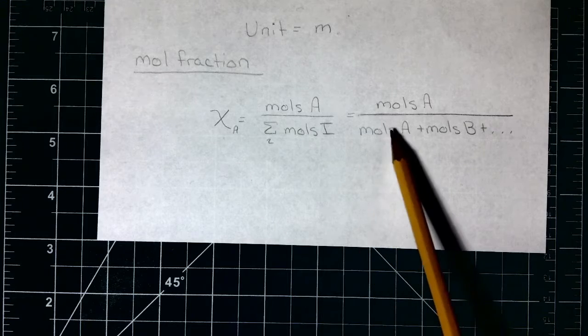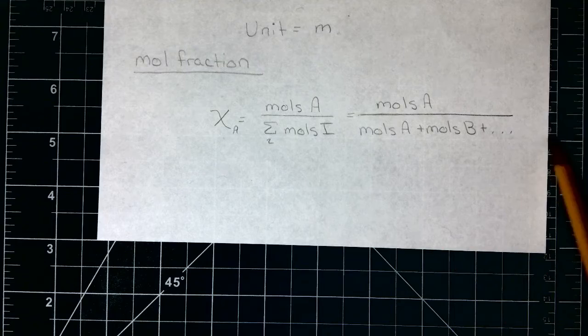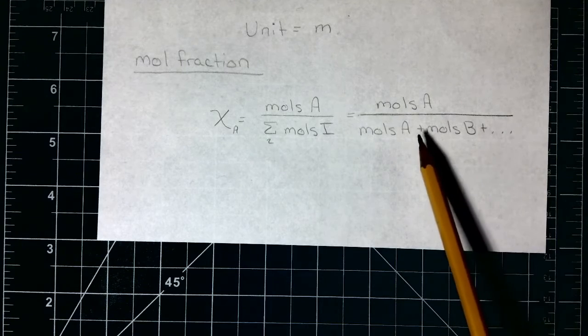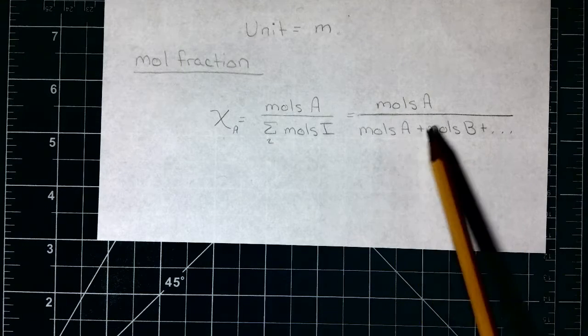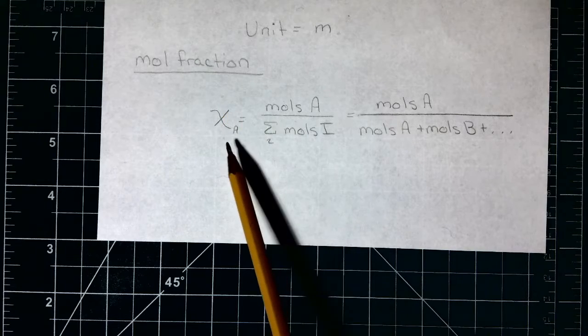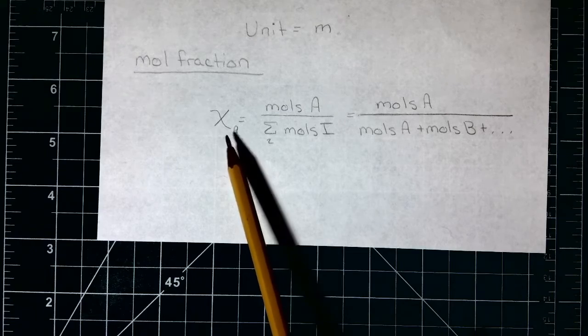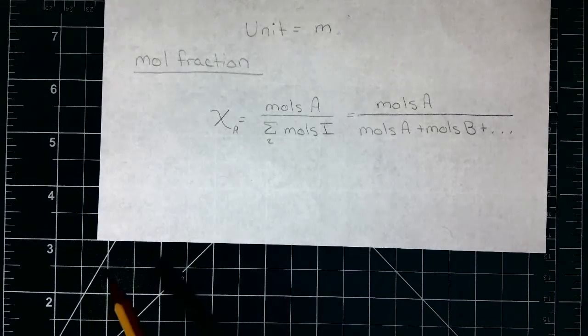So you're going to add up the moles of A plus the moles of B plus the moles of C, however many components you have, and that's going to make up the denominator. And then we get this mole fraction. Note that we do not multiply this by 100%. It's not a percentage. It's just a decimal fraction.